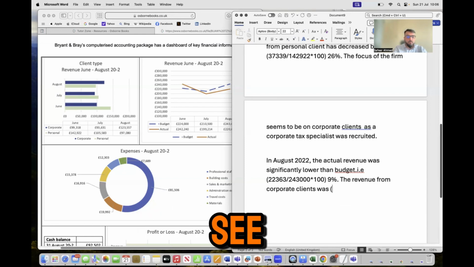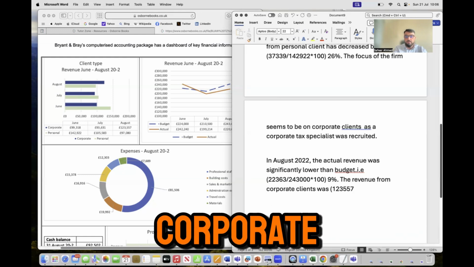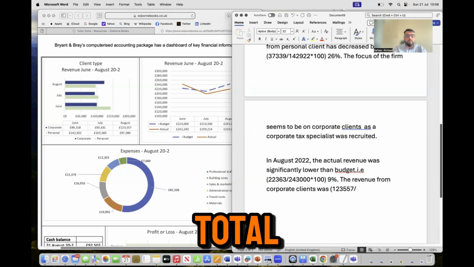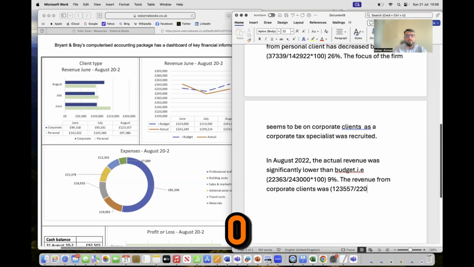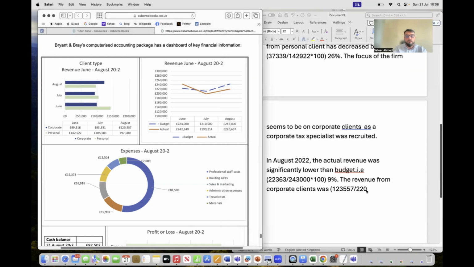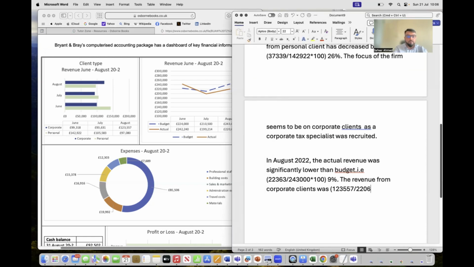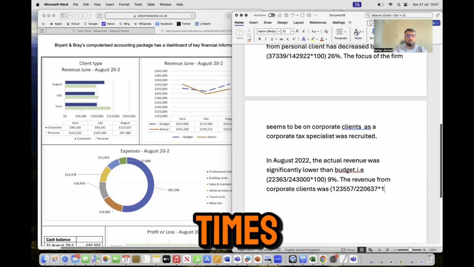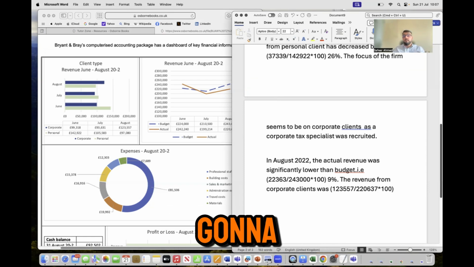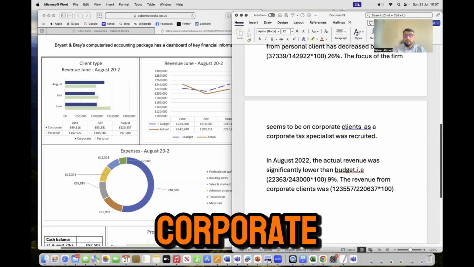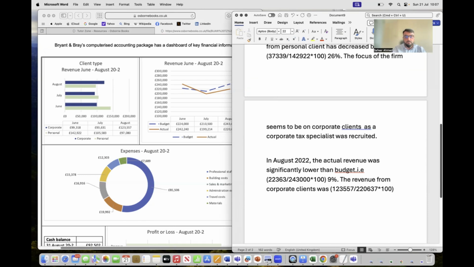So which is, you can see, 123,557. So that's from the corporate clients divided by total revenue, which was 220,637, times by 100. So that's going to give you the percentage of the revenue from the corporate clients, which is 56%.